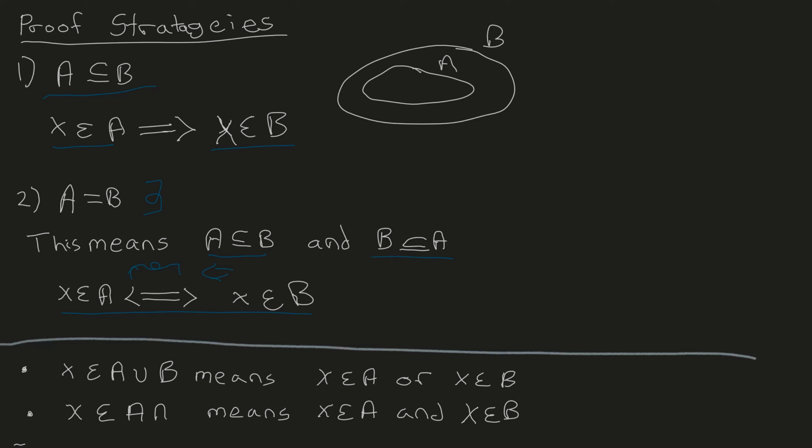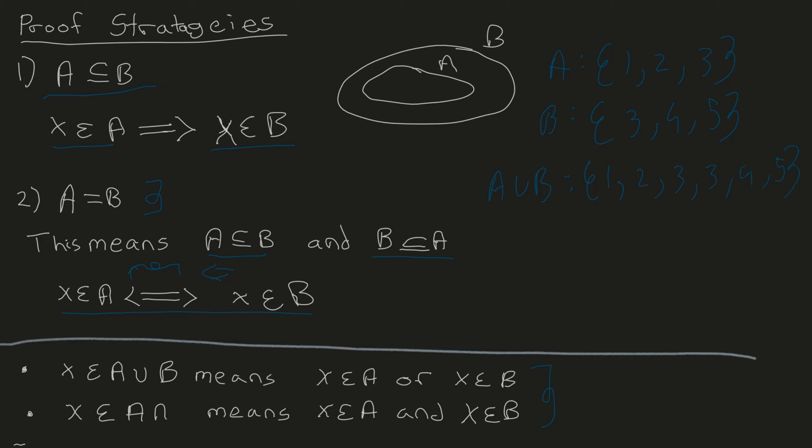Now let's look at what these two statements mean. If we have an element X which is part of A union B, then this means X is part of A or X is part of B. So for example, consider these two sets, A, which is 1, 2, 3, and B, which is 3, 4, 5. The union of both these sets, A union B, will be 1, 2, 3, 4, 5.